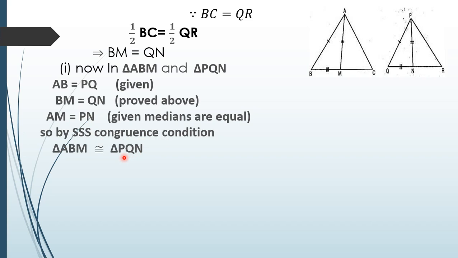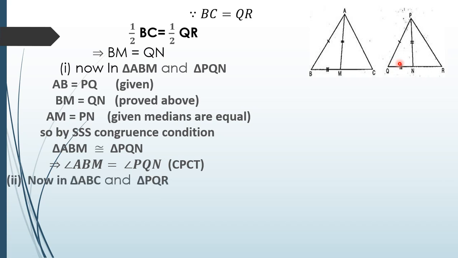Now we have to prove the next point. By CPCT, when triangles ABM and PQN are congruent, we can write angle ABM is equal to angle PQN, this angle Q. So these two angles are equal by corresponding parts of congruent triangles. Now we have to prove triangle ABC is congruent to PQR. So let's take these two triangles.